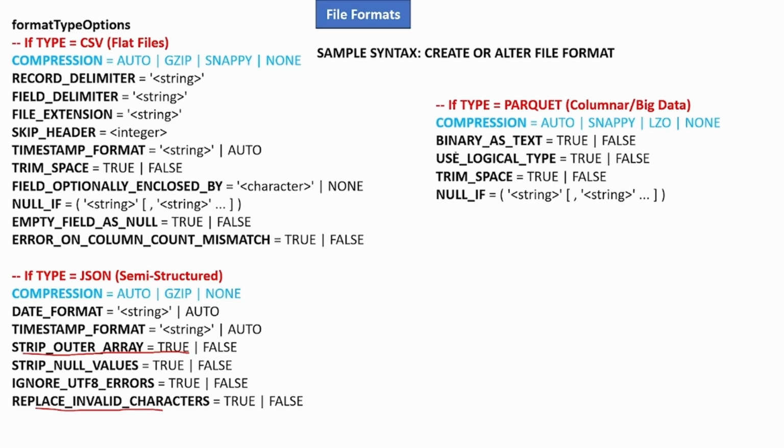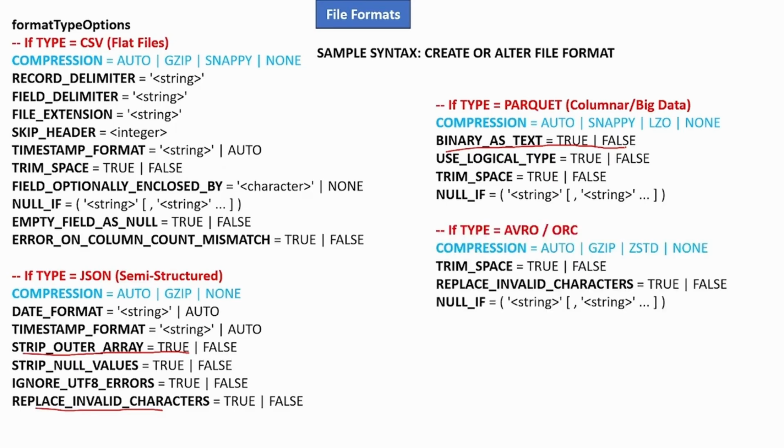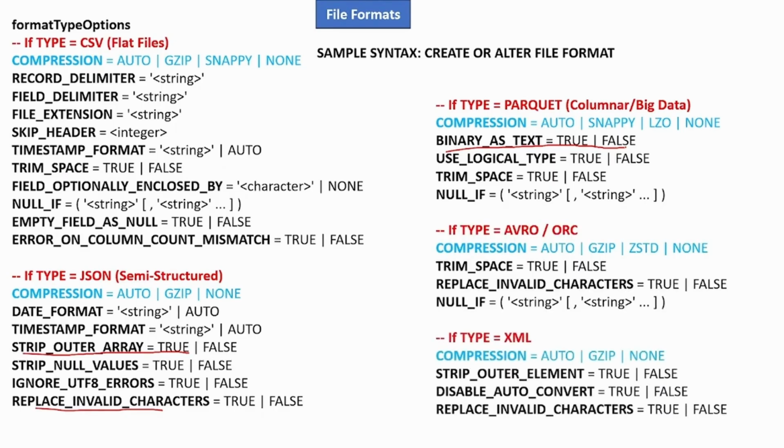Binary as text is always usable when we are creating the file format. In the same way, in Avro and ORC we have these options, and in XML too, these are the highly usable options. You don't need to learn them, but you should have a quick gist of the most important ones.